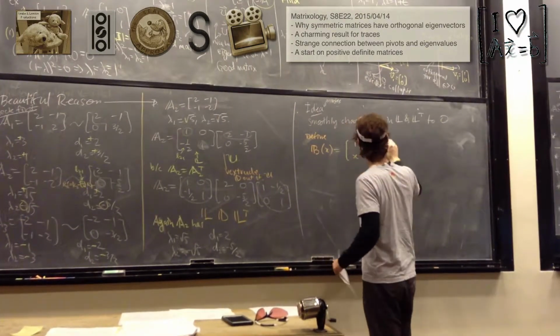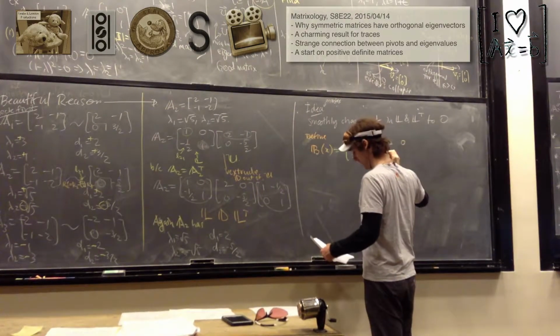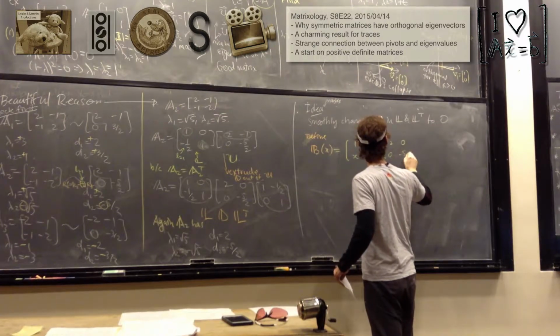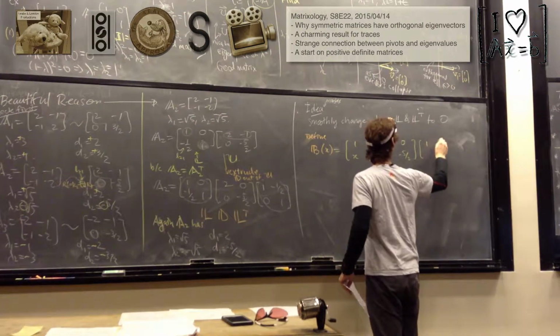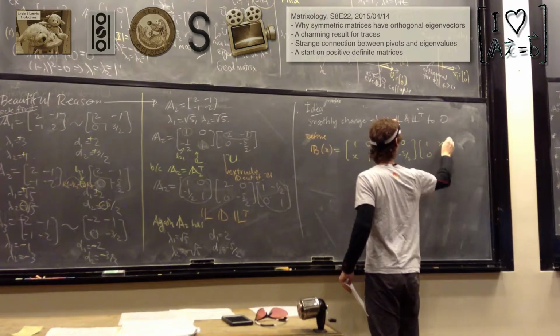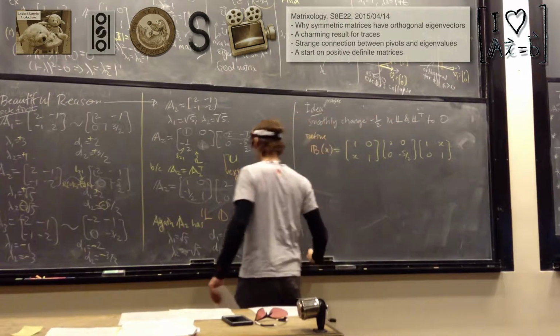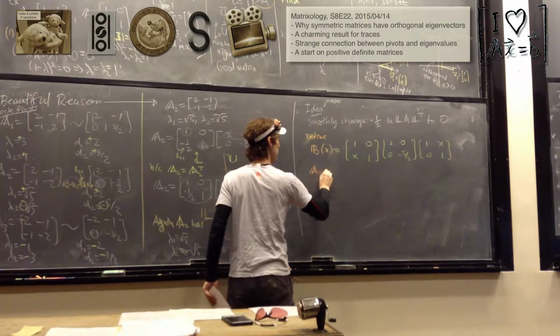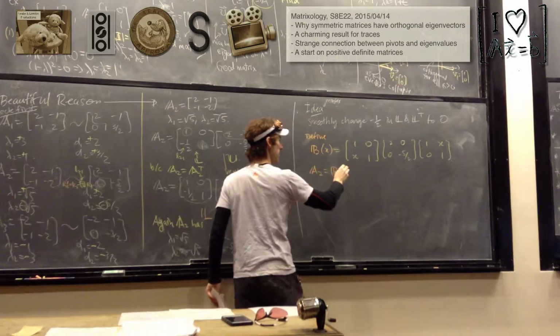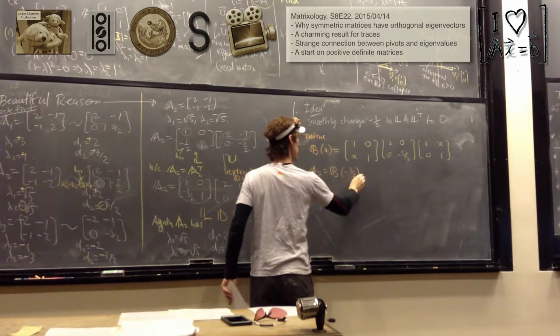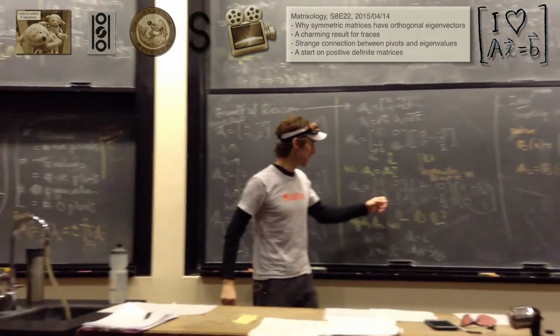And then 2, 0, 0 minus 5 halves. And there'll be 1, x, 0, 1. So we have A2 equals B of minus a half. Right, so when you put x as minus a half in, you get this back.